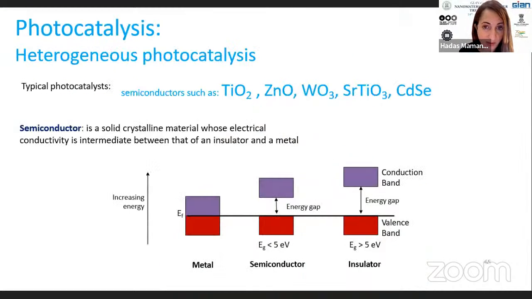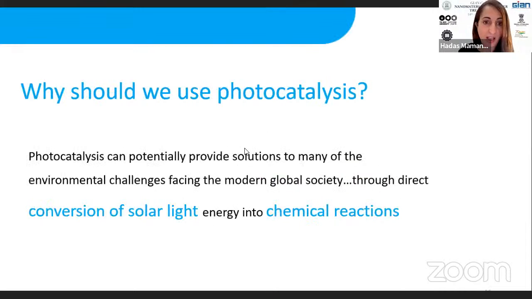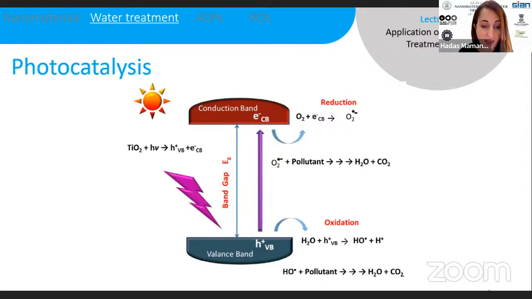I think we discussed this, okay. So we can use various semiconductors such as titanium dioxide, zinc oxide, and so on. Why should we use a photocatalyst? Because it converts solar light into chemical reactions.